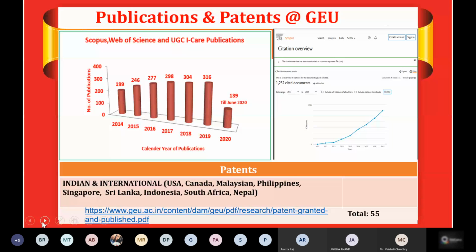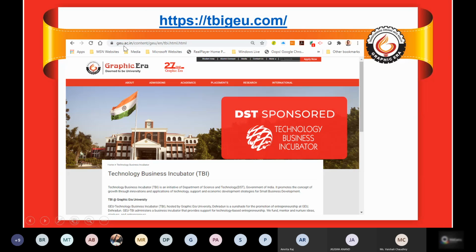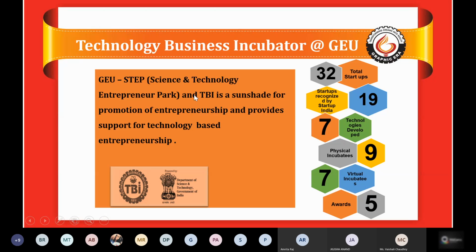Yeah, so this slide is showing the link where you can visit the DST-sponsored technology business incubator, right? And this technology business incubator is for promotion of entrepreneurship and provides support for technology-based entrepreneurship.